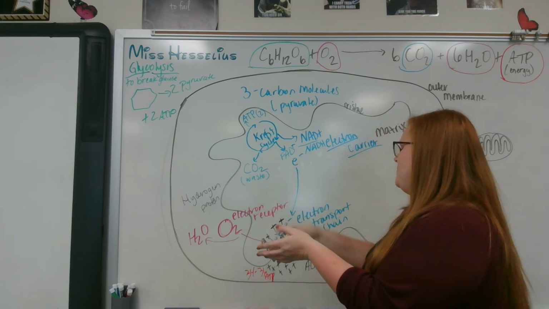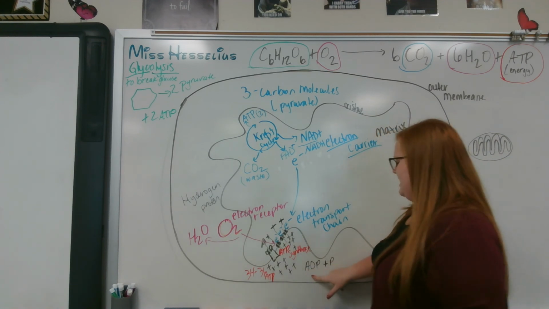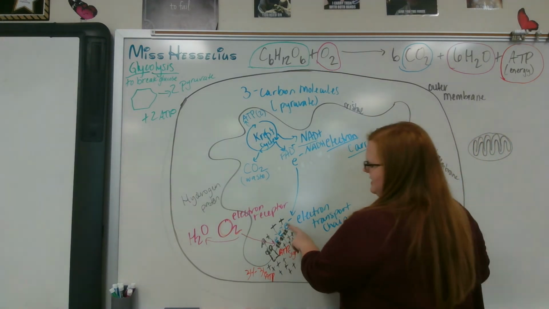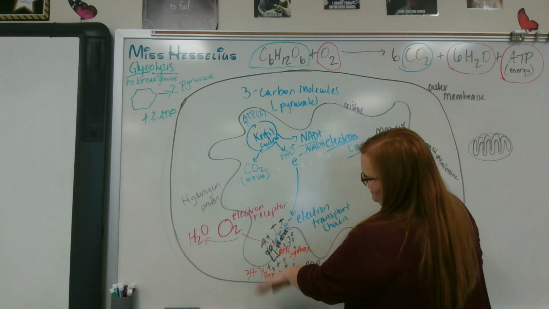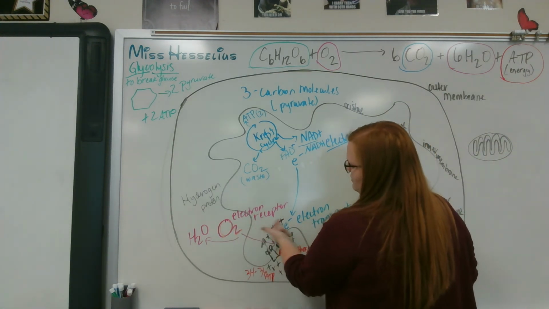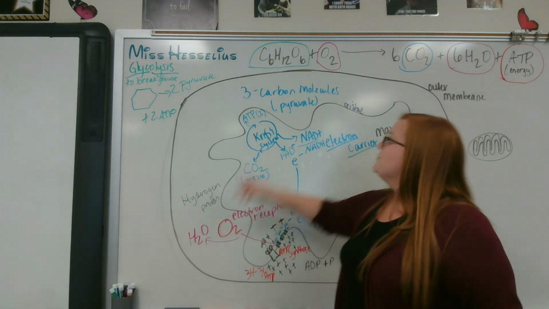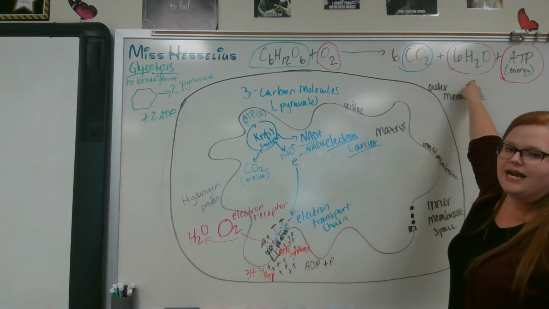When it's spinning, it puts together an ADP and a phosphate to make ATP. To keep the electrons flowing, you have to have oxygen as an electron receptor to pick up the electrons and take them away, forming your waste product, water.